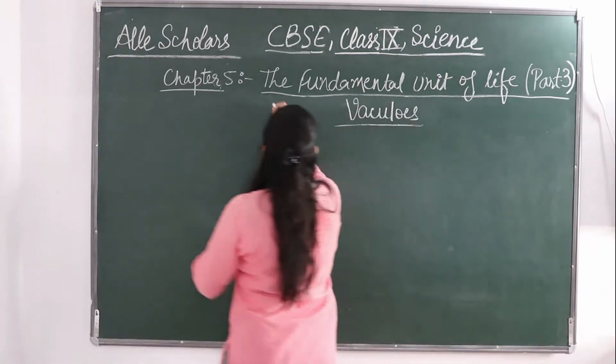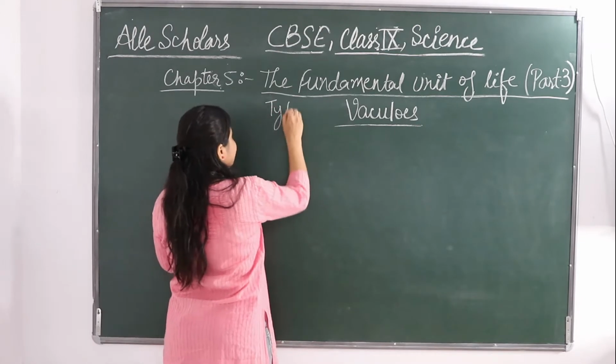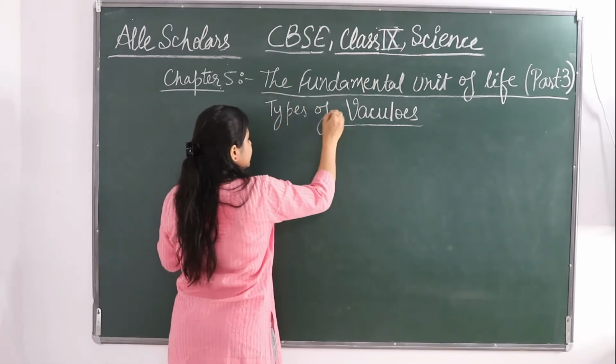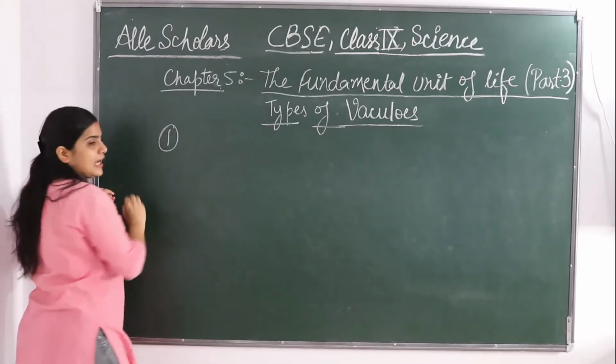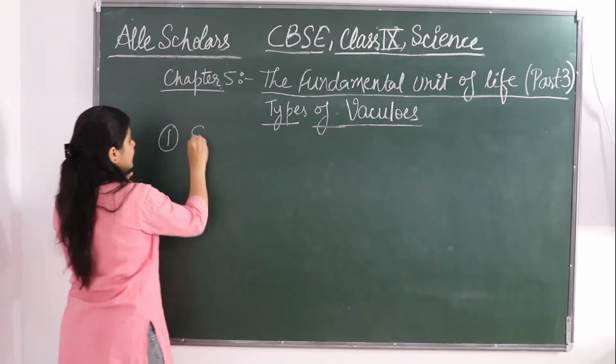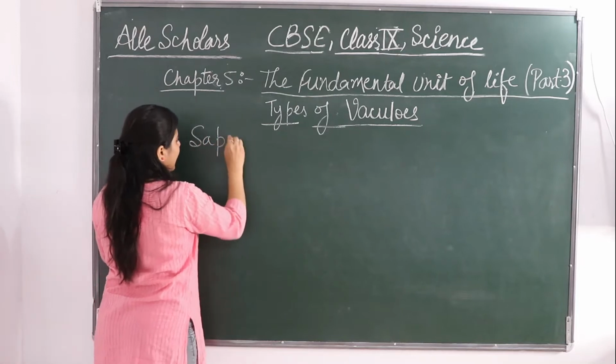So there are basically three types of vacuoles. The first one is the sap vacuole.